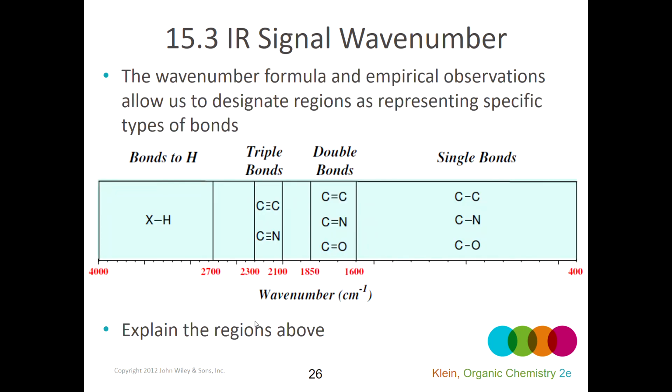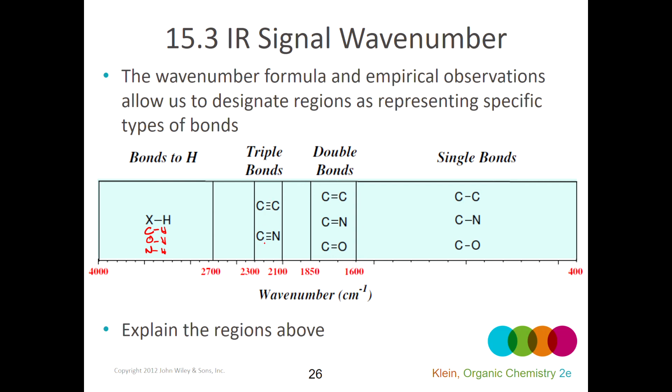So this shows a summary of the kind of things we're looking at. X here could be carbon, oxygen, nitrogen, and those are the main ones. So if I have a carbon-hydrogen, the low mass hydrogen atom means that it's going to be a higher energy stretching. So somewhere usually around 3000 or higher for those types of bonds.